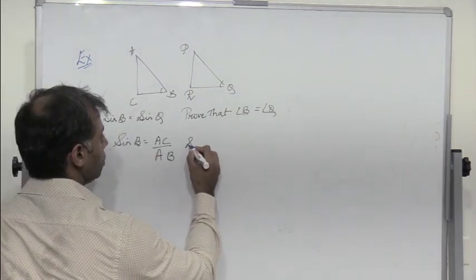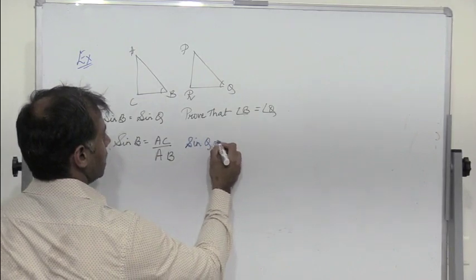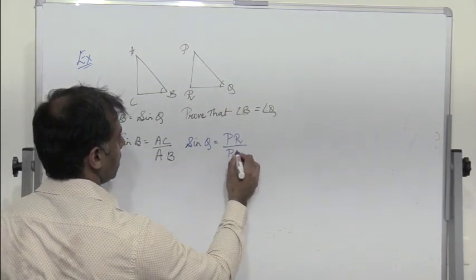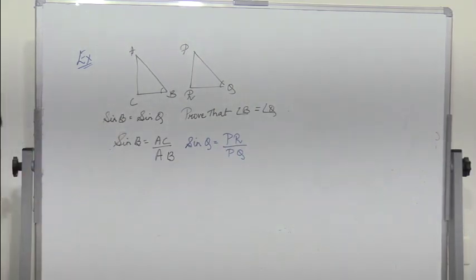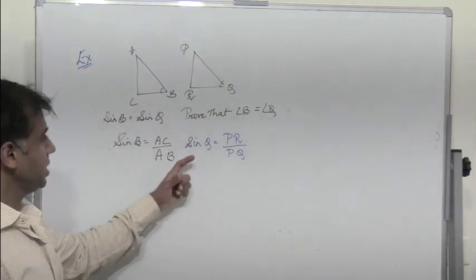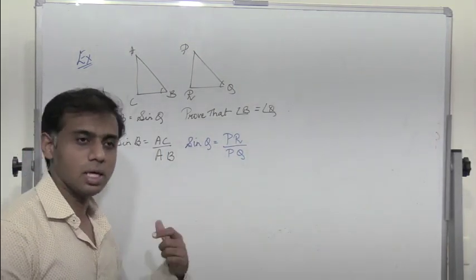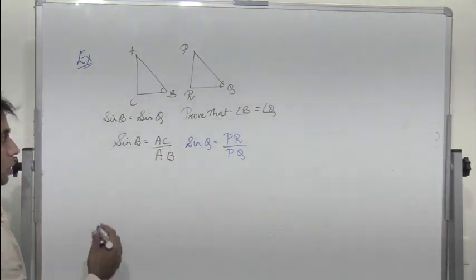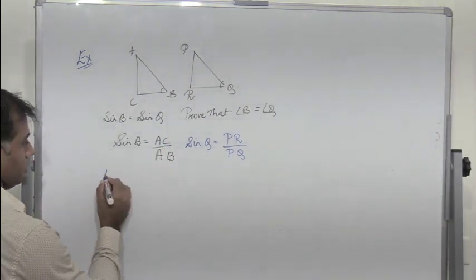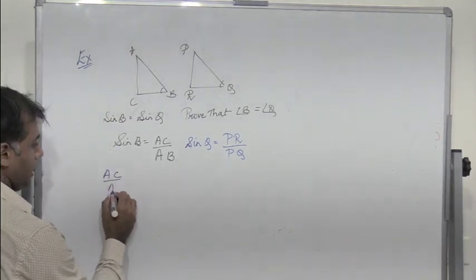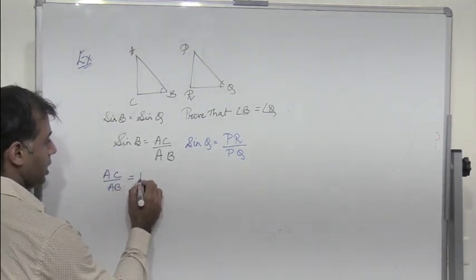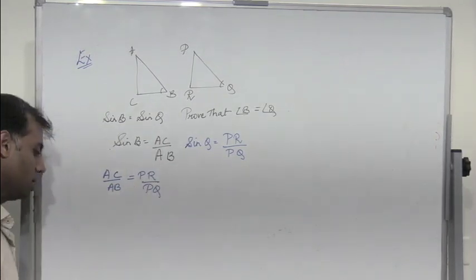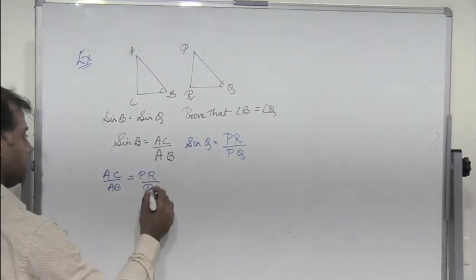Next I have sine Q, which is opposite side PR divided by the hypotenuse PQ. Now it has been said that these two are equal, so sine B is equal to sine Q. So I equate them. AC by AB is equal to PR divided by PQ, and let me call this k.